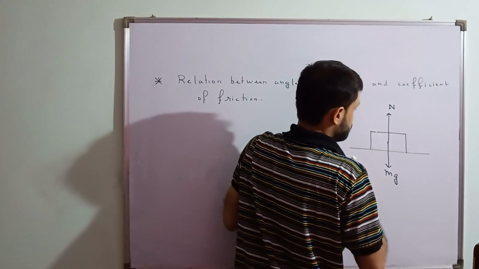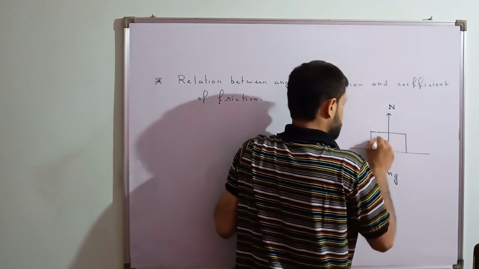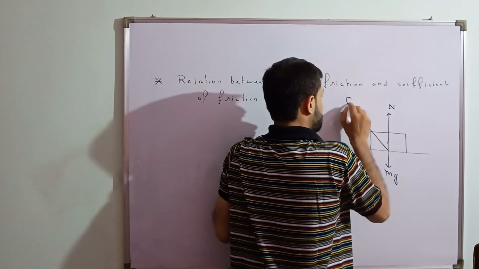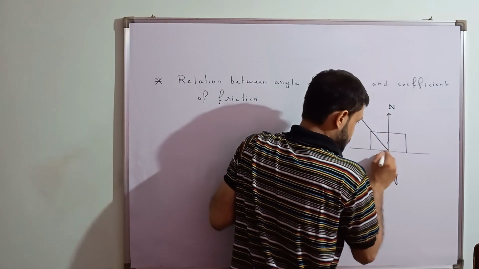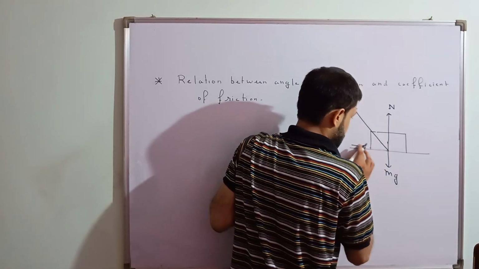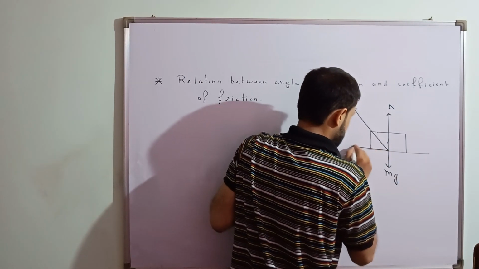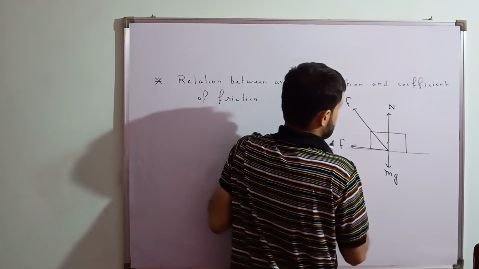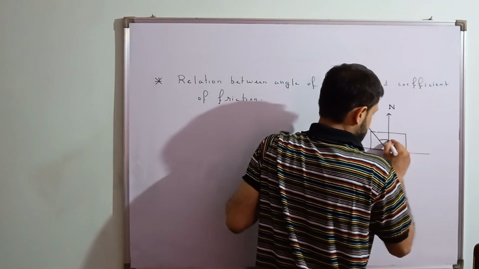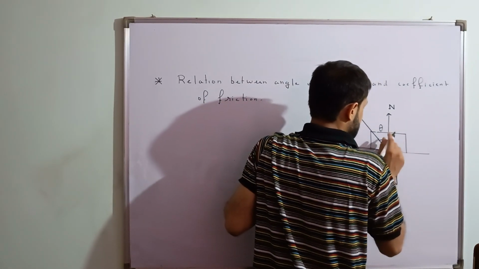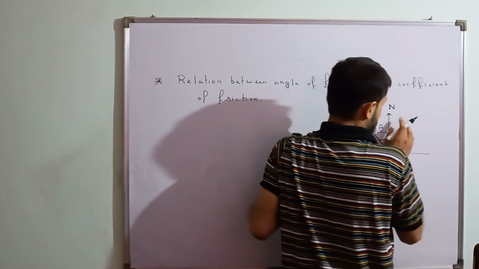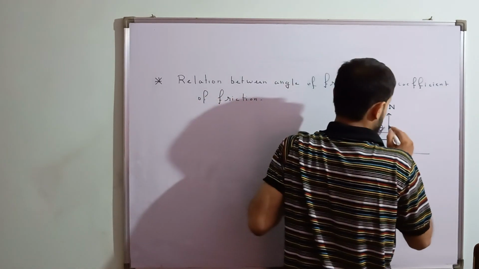This is the friction. Let me draw it from here. This is the contact force. The horizontal component of contact force is friction basically. Okay. This is friction. Horizontal. Now this angle is angle of friction between the normal and the contact force.